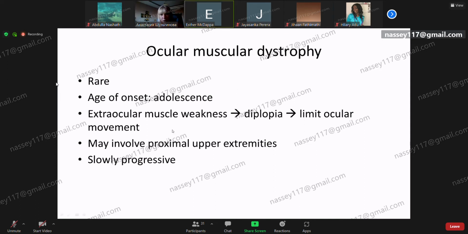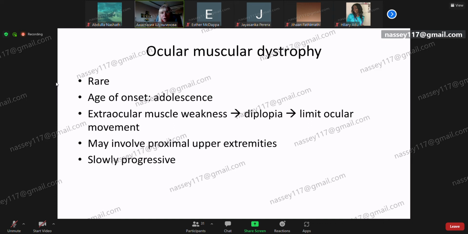Myasthenia gravis? Absolutely right. That is why sometimes there is confusion between myasthenia gravis and ocular muscular dystrophy. There can be a variant of myasthenia gravis when we see a very high level of antibodies in the neuromuscular junction.